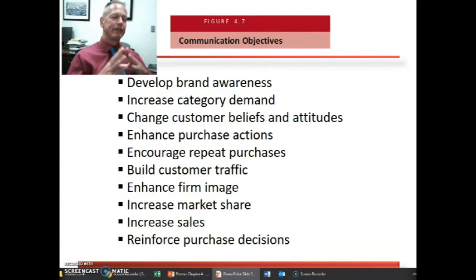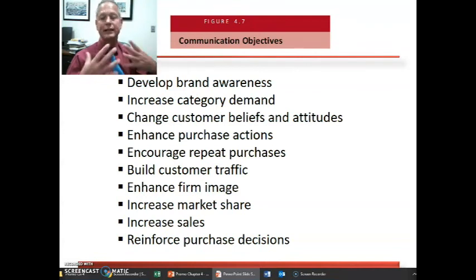One of the things that I have a problem with Clow and Baack is my objectives always have to be measurable. And the first one, brand awareness and category demand, is very, very hard to measure. Reinforced purchase decisions is really hard to measure. And enhancing firm image is very hard to measure.